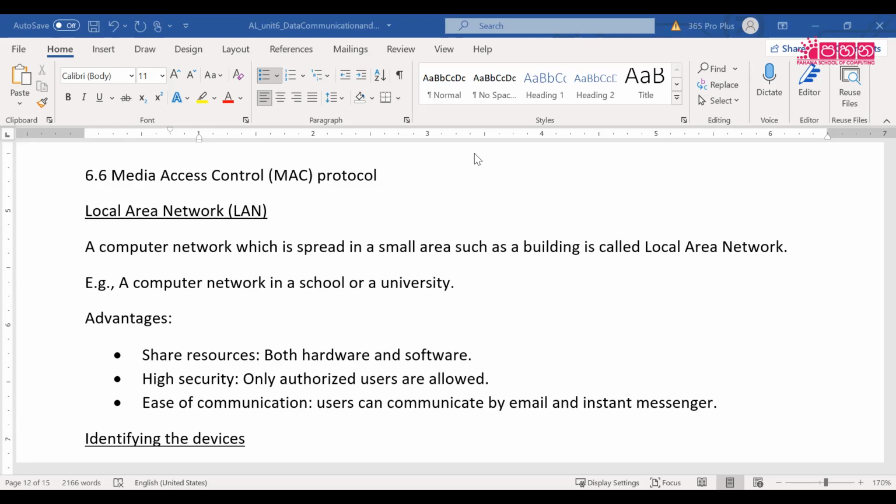In a network environment you have to have a username and password. Without them, you cannot log into the system, which means only authorized users are allowed. Then communication is easy. The users of the network can communicate with each other using digital communication techniques like email and messengers.